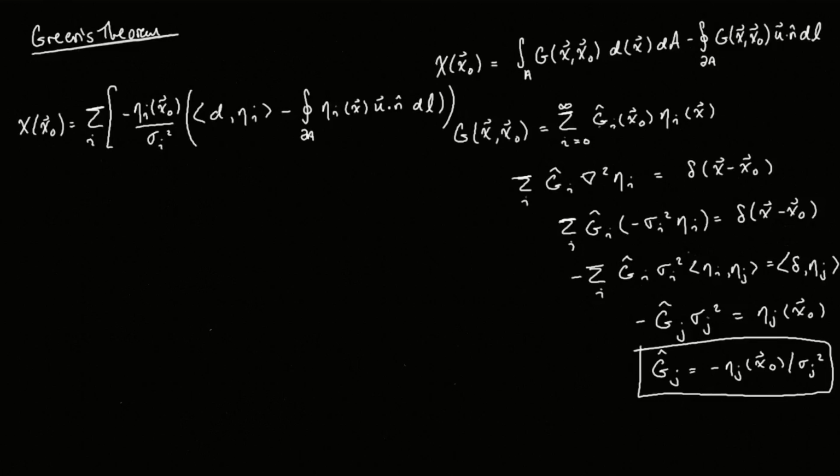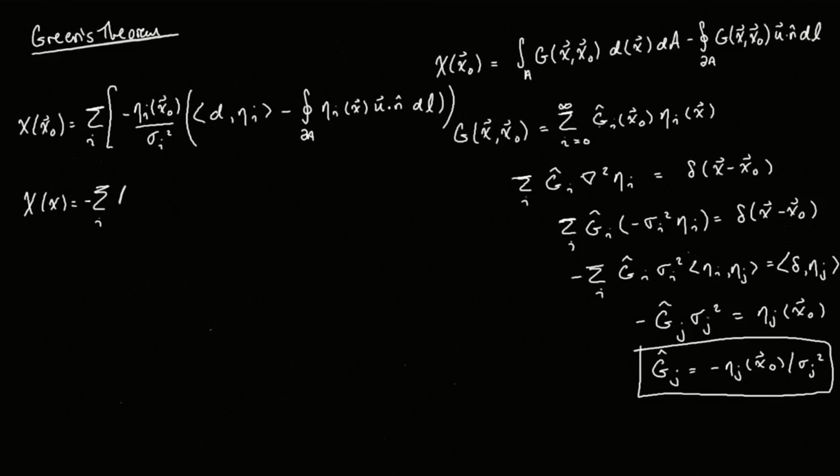And I've got this parameter here, x naught. I can swap that out. I can write chi of x as the sum over i. I'm going to rearrange things just a little bit. So I'll put that minus sign up front.